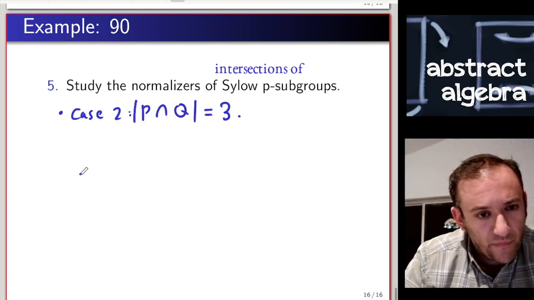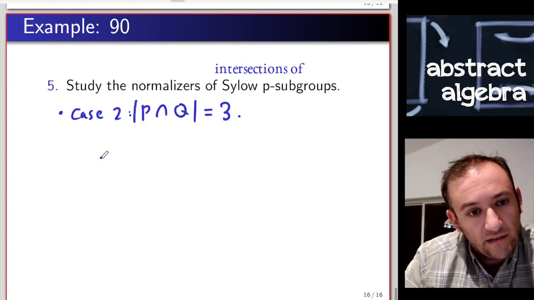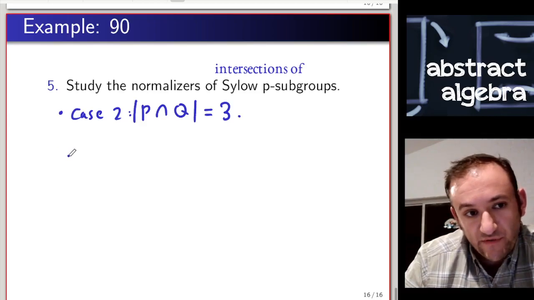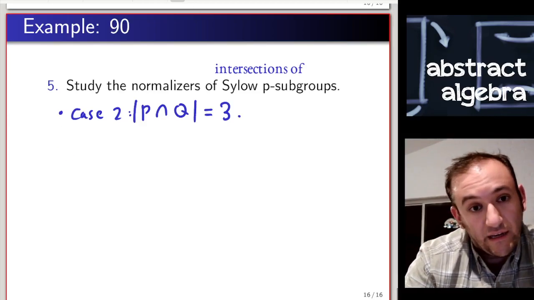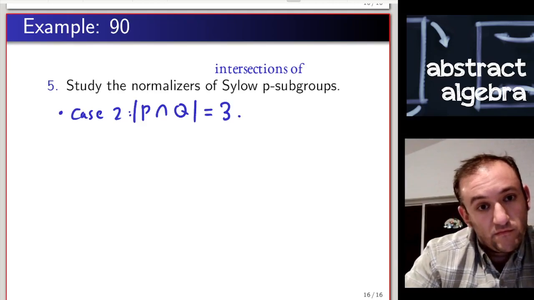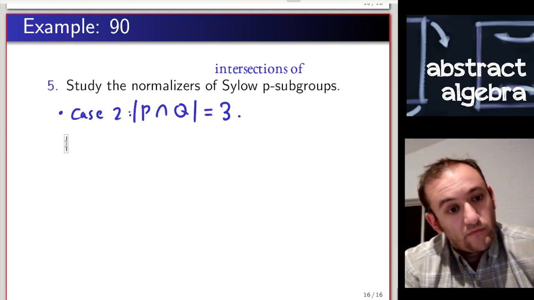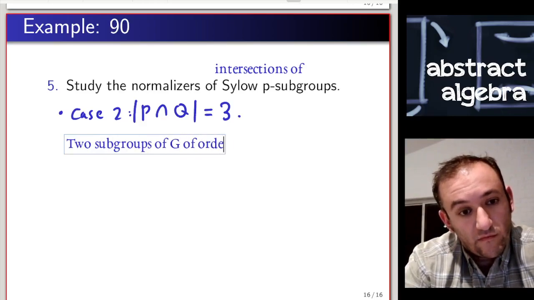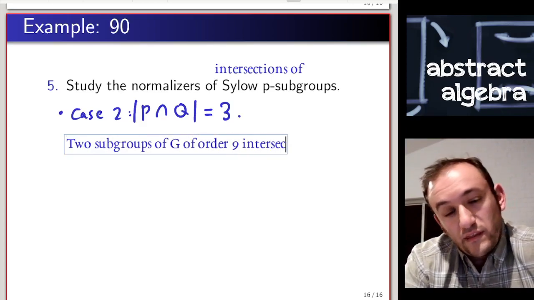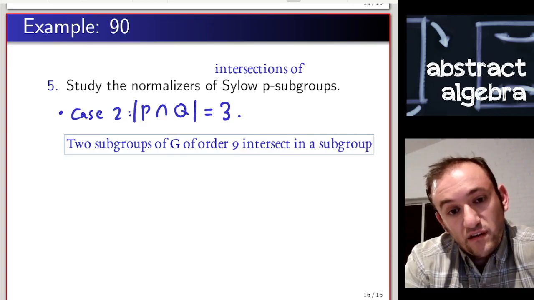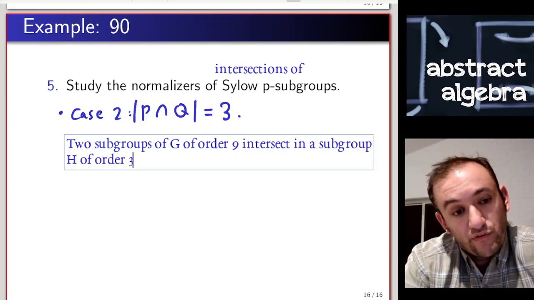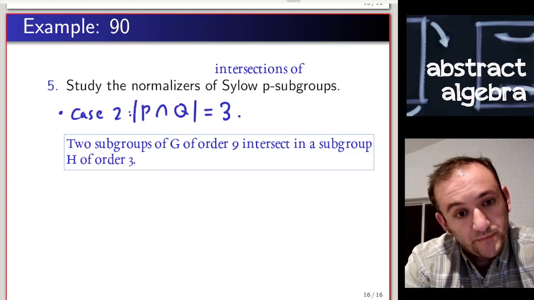Okay. And now let's dig a little deeper. So we have 2 subgroups of G of order 9. They intersect in a subgroup, let's call it H, of order 3.